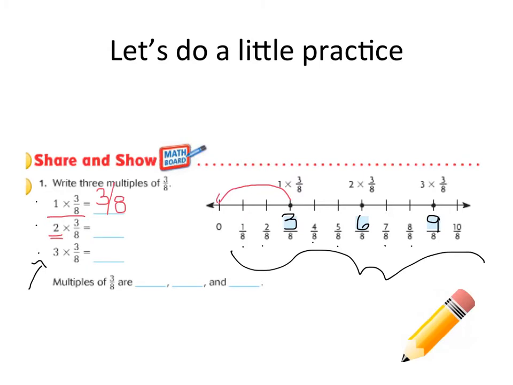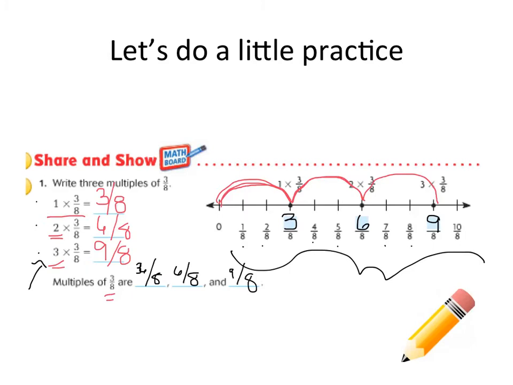Here's my first one, and then 1, 2, 3, 6/8. And to complete it, I'm multiplying 3. 1, 2, 3, and I'm at 9/8. So now my multiples of 3/8 are 3/8, 6/8, and 9/8.